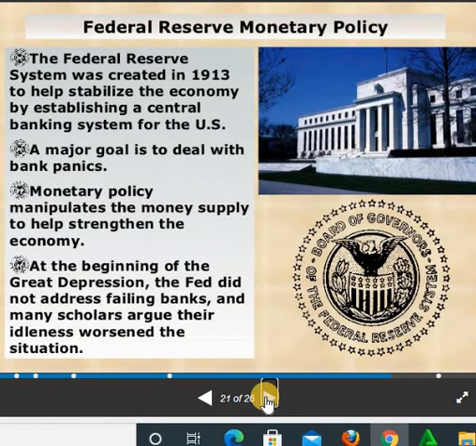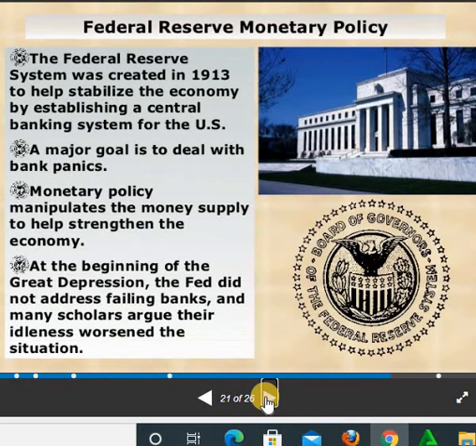Then in 1913, the Federal Reserve monetary bank was introduced in America. It was created in 1913 to help stabilize the economy by establishing a central banking system in America. So it was mainly introduced to deal with bank panics.